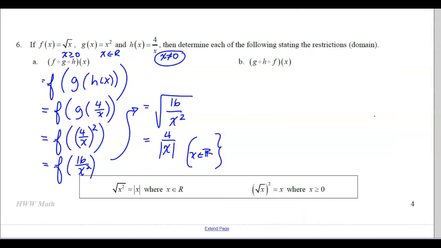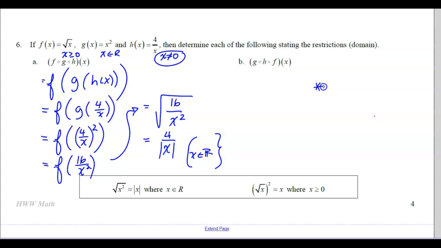All right, so then I'll leave this for you to do, but something to note here. So see how I took the square root of x squared? That's going to be absolute value of x. Okay, x can be all real numbers. If you take the square of the square root of x, that's equal to x, no absolute value, right?